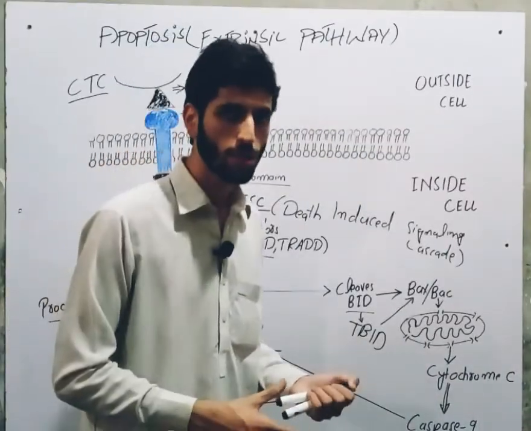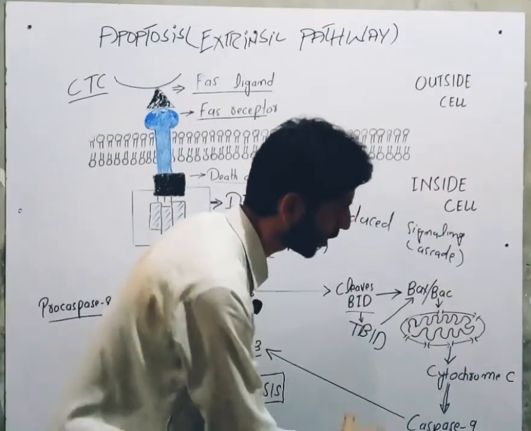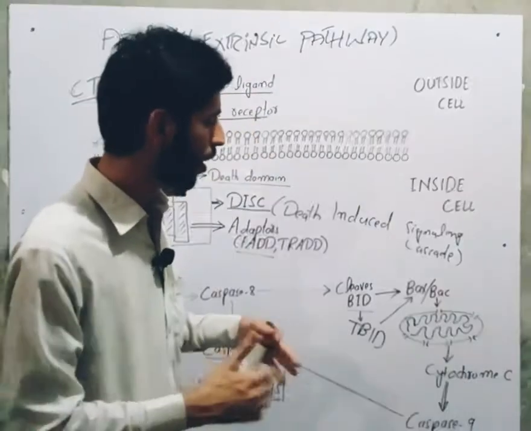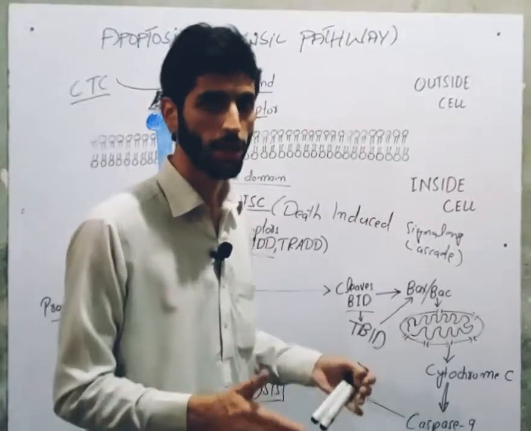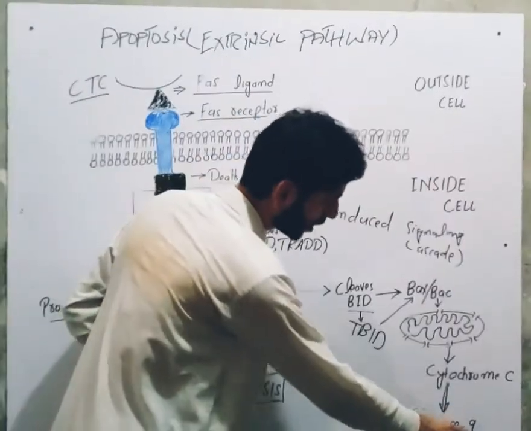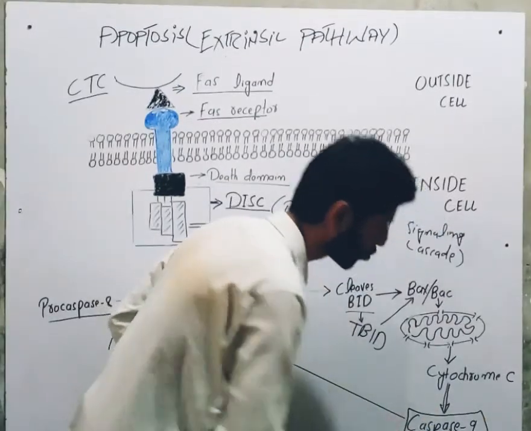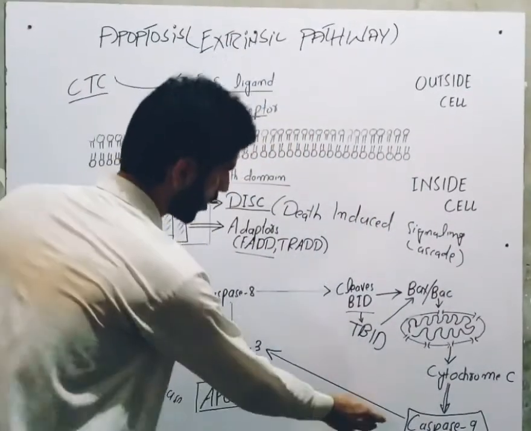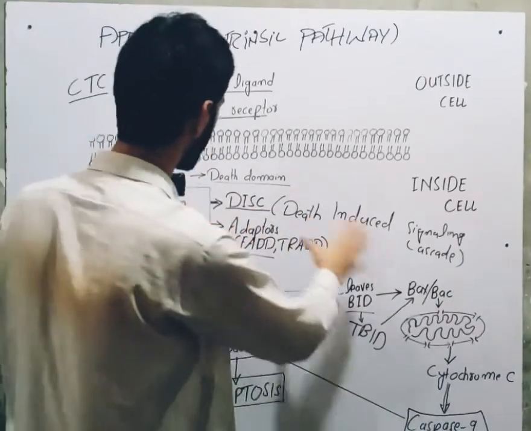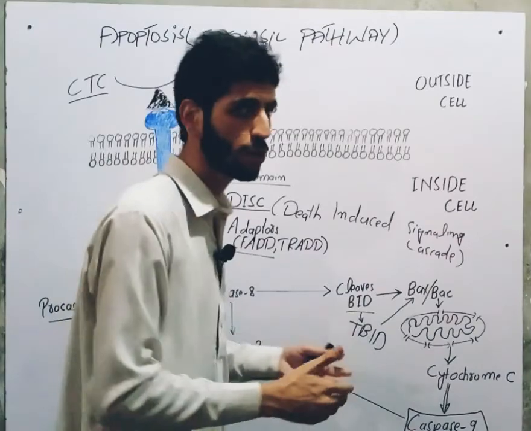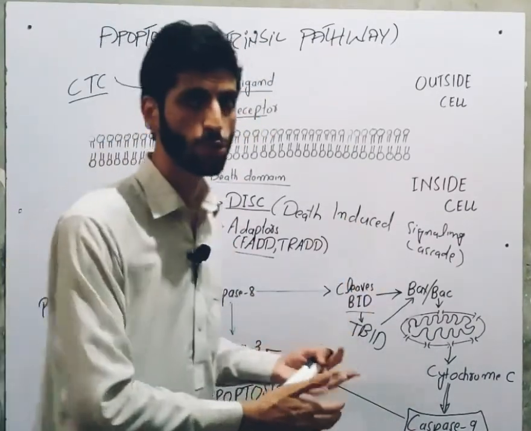And some molecules like cytochrome C come out from the mitochondria. And cytochrome C, with other pro-apoptotic molecules, activates caspase 9. When caspase 9 gets activated, what happens? Caspase 9 will activate caspase 3. So both the intrinsic and extrinsic pathways combine.